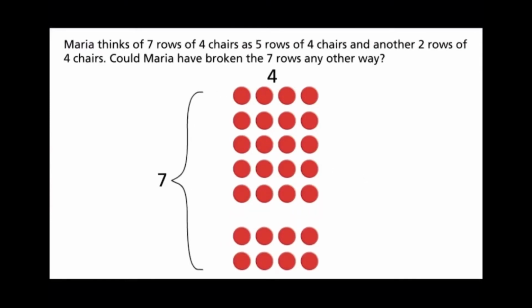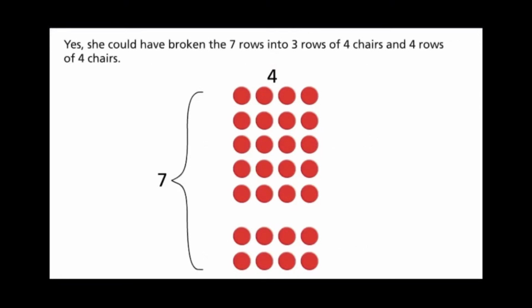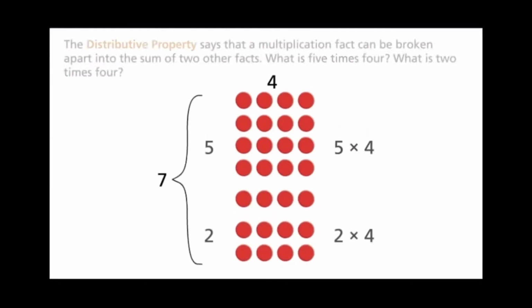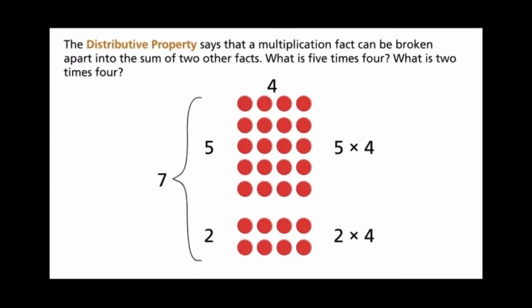Maria thinks of 7 rows of 4 chairs as 5 rows of 4 chairs and another 2 rows of 4 chairs. Could Maria have broken the 7 rows any other way? Yes, she could have broken the 7 rows into 3 rows of 4 chairs and 4 rows of 4 chairs. The distributive property says that a multiplication fact can be broken apart into the sum of 2 other facts. What is 5 times 4?